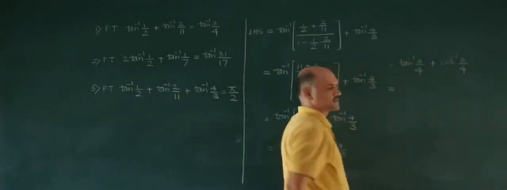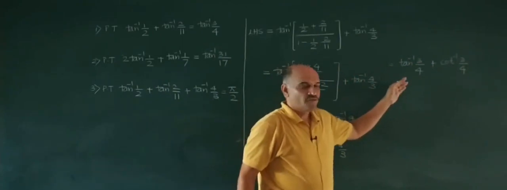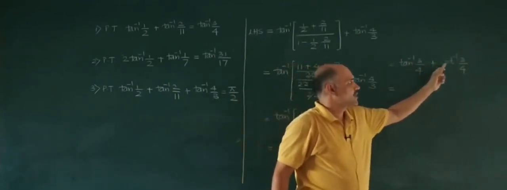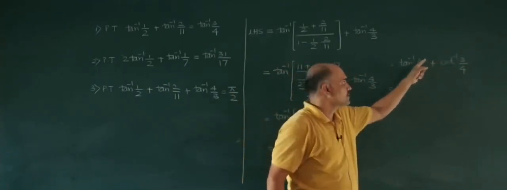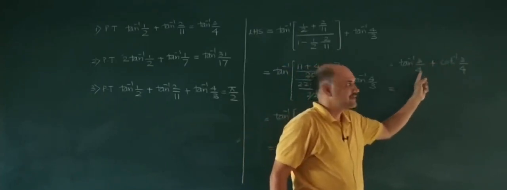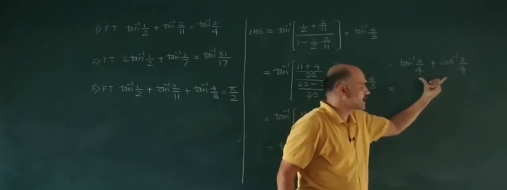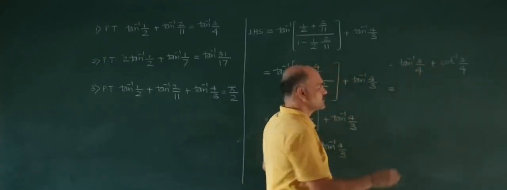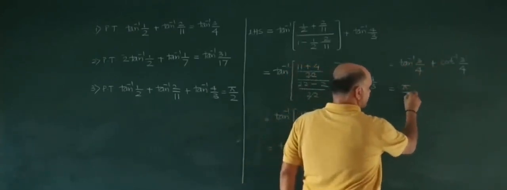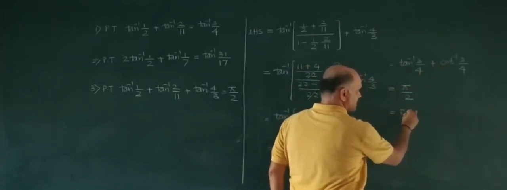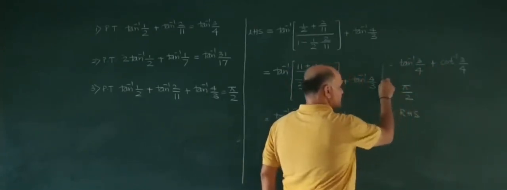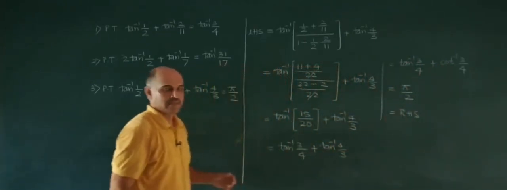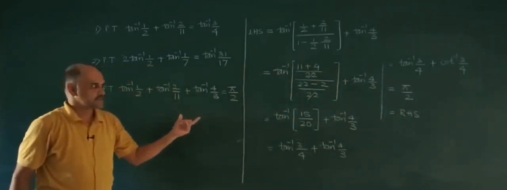We have even seen the formula tan inverse x plus cot inverse x is pi by 2. Here in place of x we are having 3 by 4, so I can apply that formula. So I will have pi by 2. This is nothing but our RHS. So you will get the answer. So these are the 3 problems.